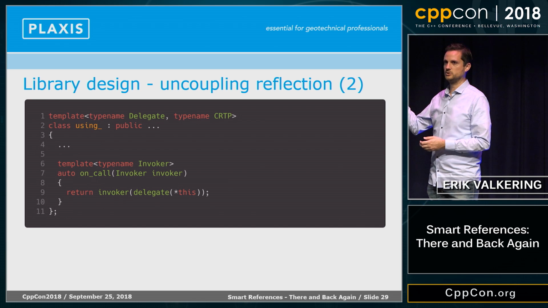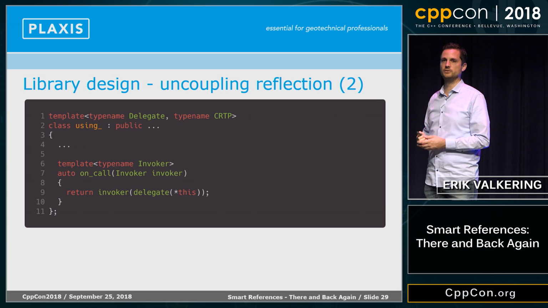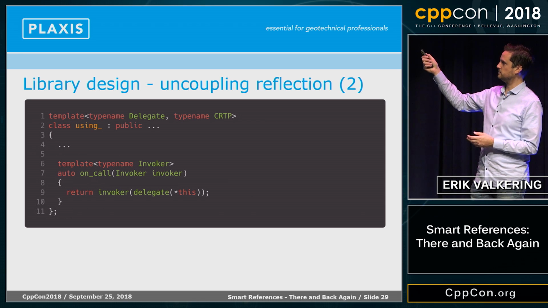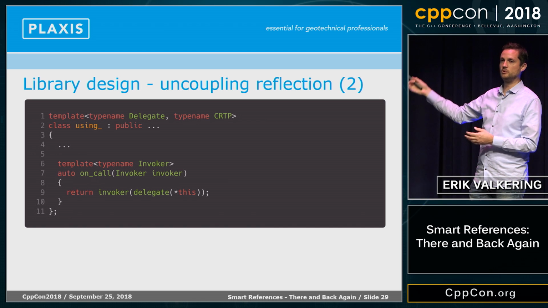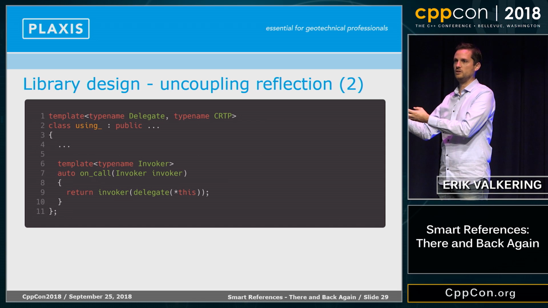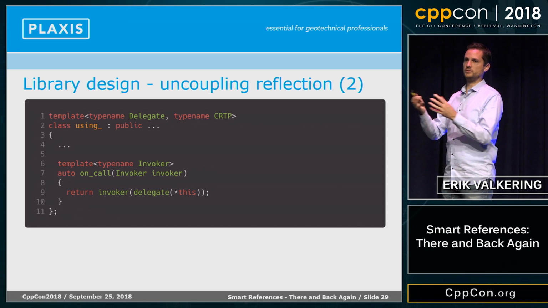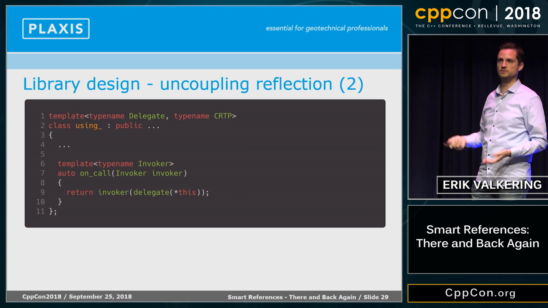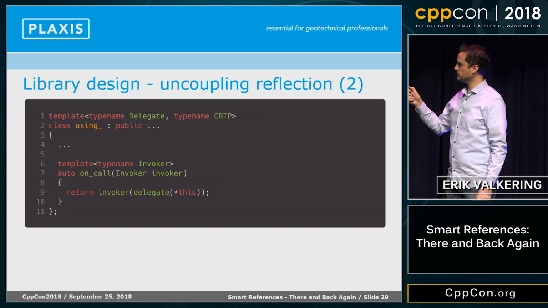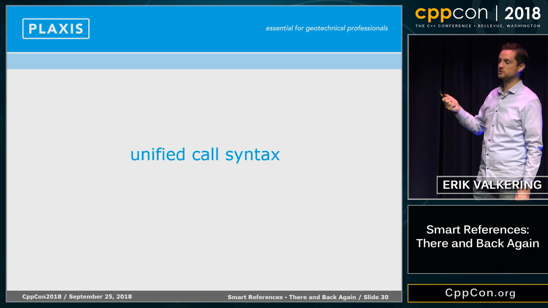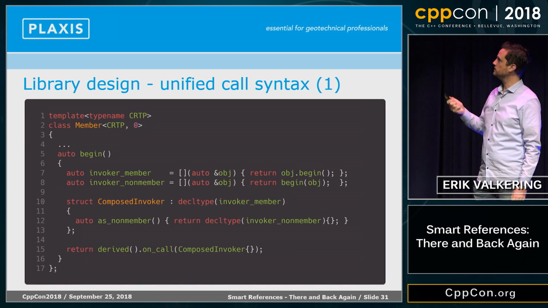This actually allows you to prevent reference leaking, because if you directly return what the invoker returns, and the invoker redirects the call to the vector, for example vector.begin, what that returns, we can encapsulate as well. So we can wrap that in some other object. The next slide will make clear why that is very powerful, because of the unified call syntax.